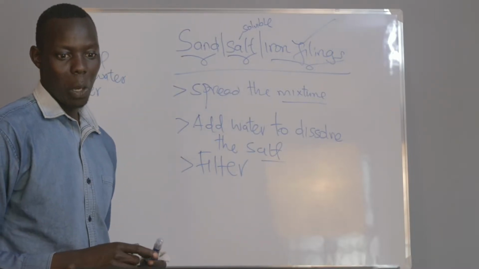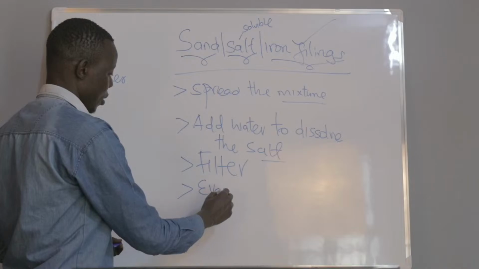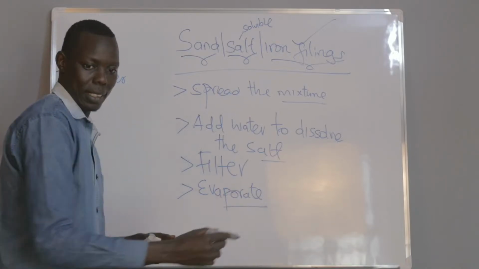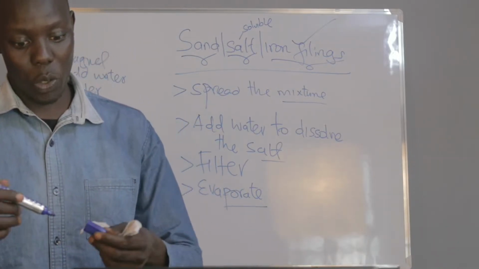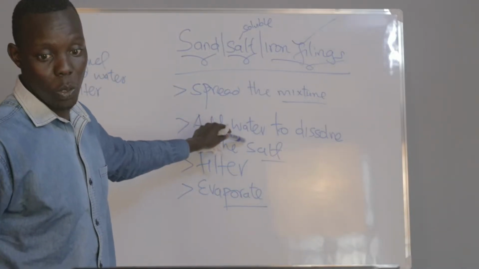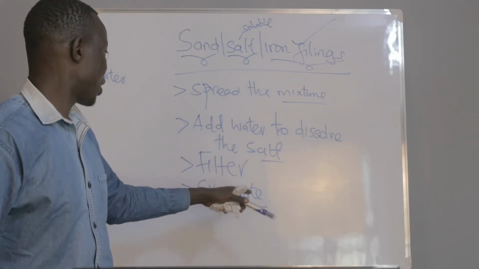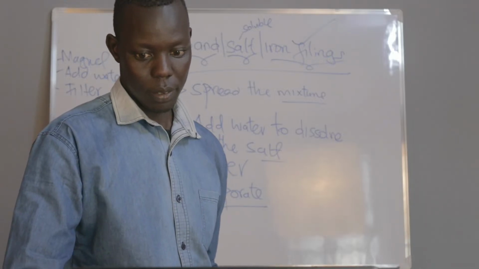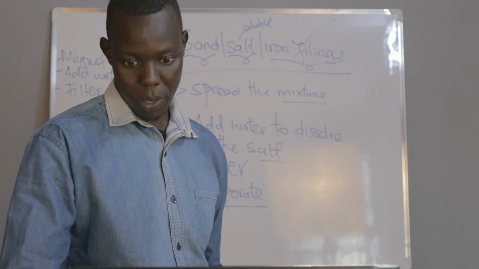Number 4, evaporate. When we evaporate, you separate water from the salt. Remember we added water, and the water was also part of what we are supposed to be separating. So the last step will be evaporation. Are we together?